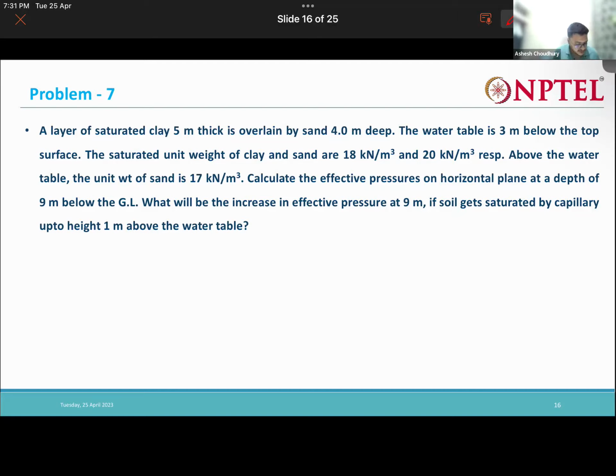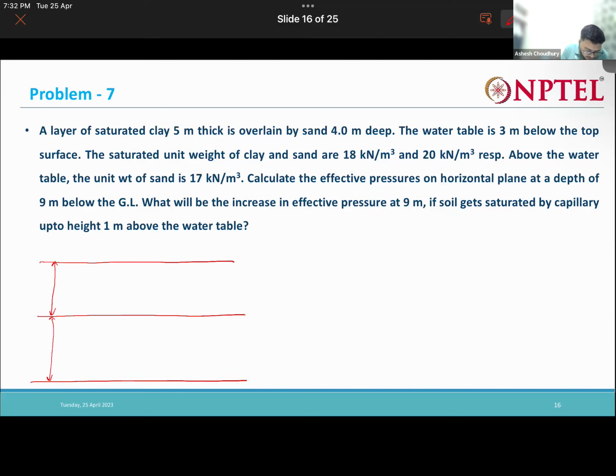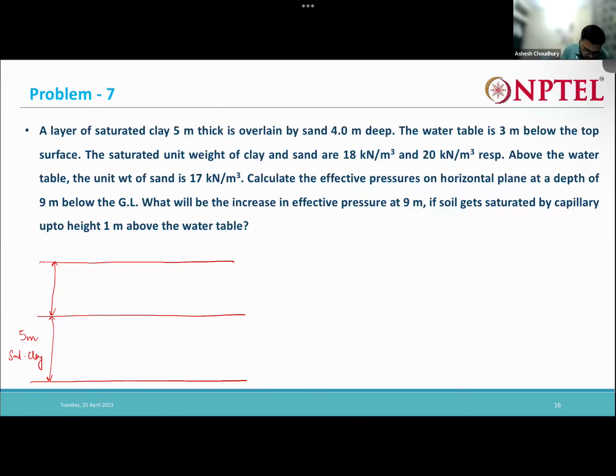So let us first solve this slowly, step by step. Let us first draw the diagram. There is sand, and say this is our saturated clay, and this is my sand.